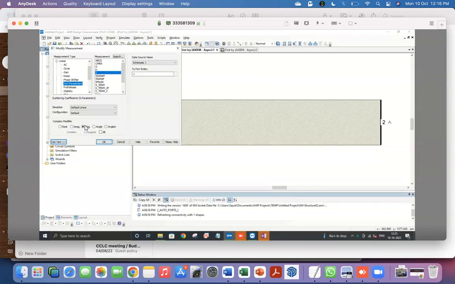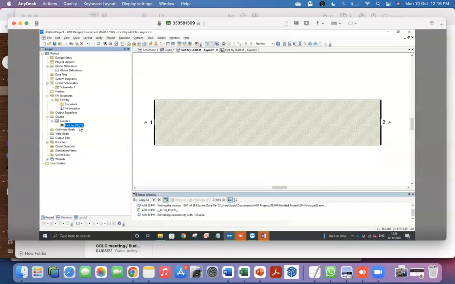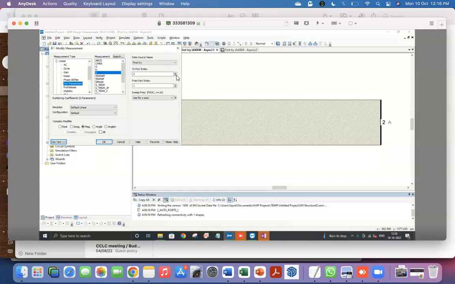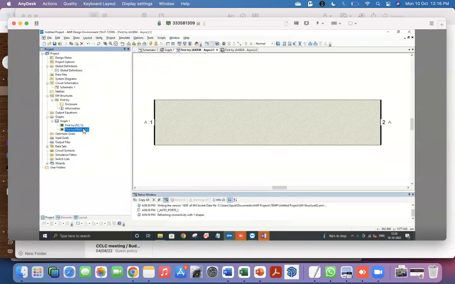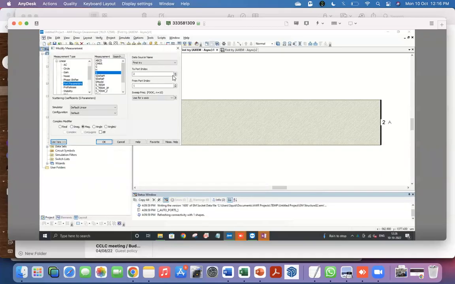Let me go to this graph and create two measurements, S21, which is a transmission, and I'm going to look at the magnitude, and I'll add one more, S11, which is the reflection. Just to show you, put all the four possible ones here.